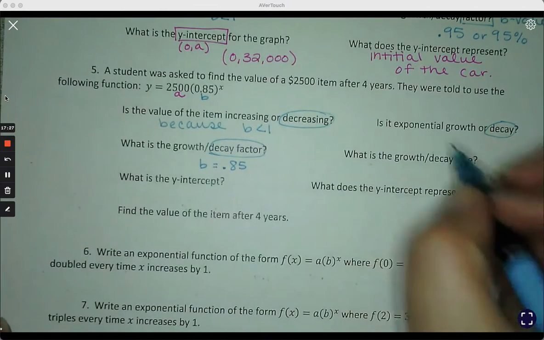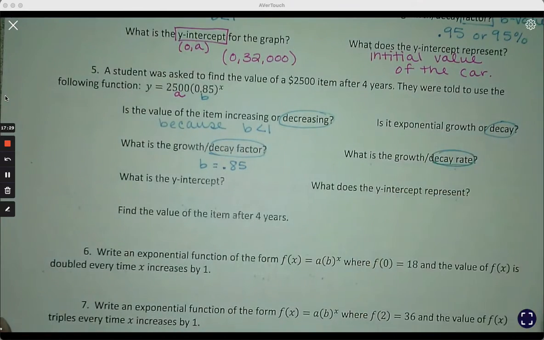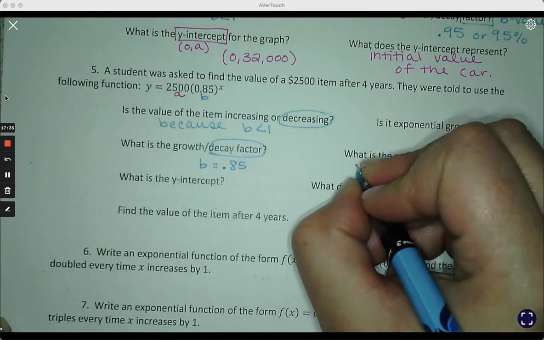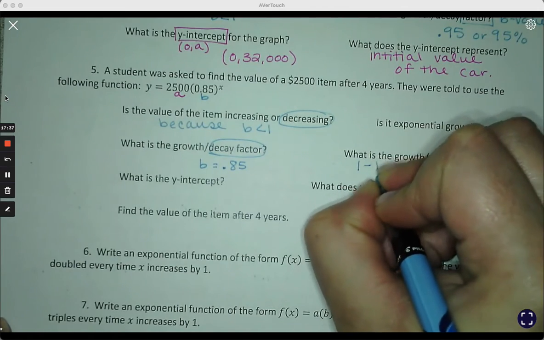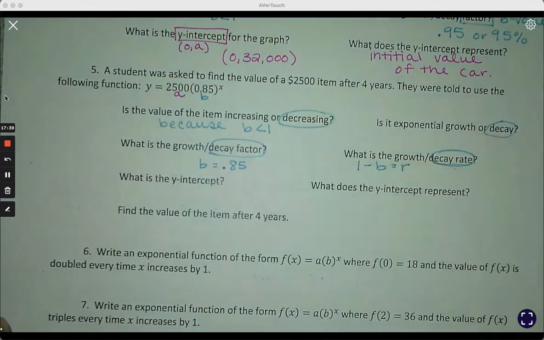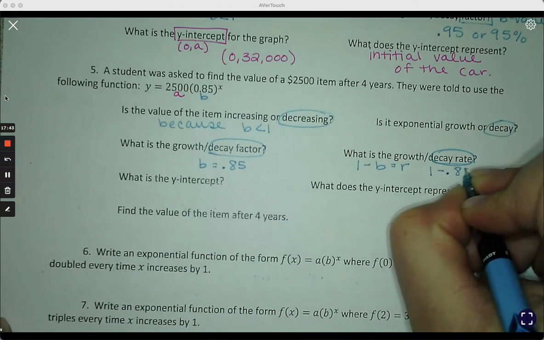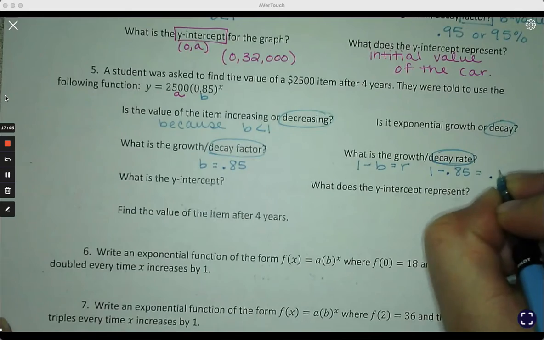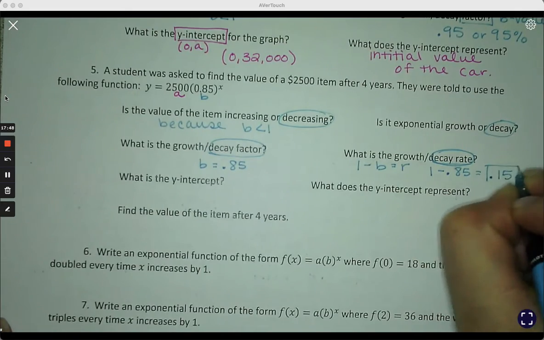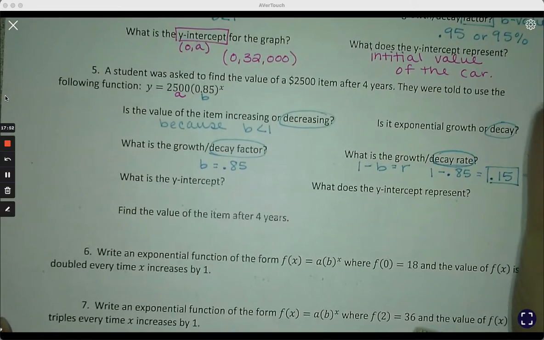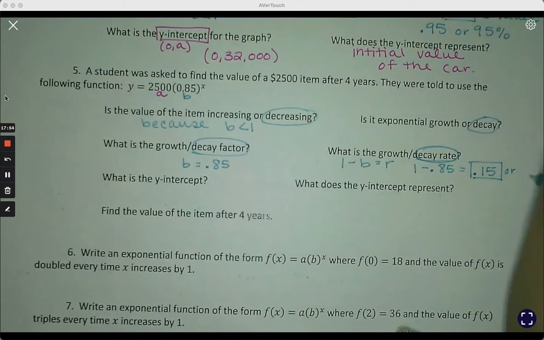Okay, or I'm sorry, the decay rate. Okay, so to find the rate, 1 minus B equals the rate. So 1 minus 0.85 equals 0.15. So there's my rate. Or you can change that to 15%.